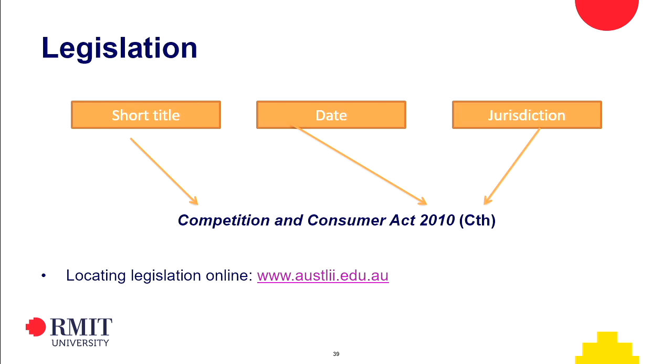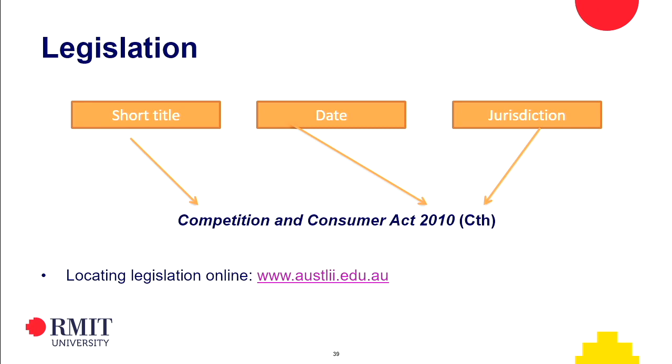Then we have a date. The date tells us what year it was passed, so what year it was made law. And then the brackets here tell us what jurisdiction this law has come from. Because we know that the Commonwealth has a jurisdiction under the Constitution, but the states also have a jurisdiction under their own constitutions. So the word CTH means that it is a law that's passed by the Commonwealth.